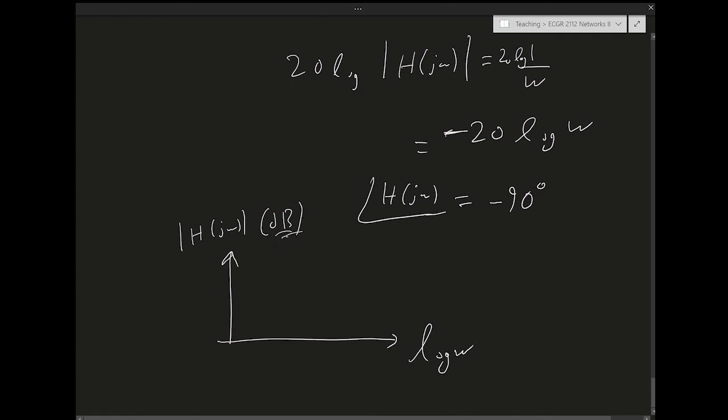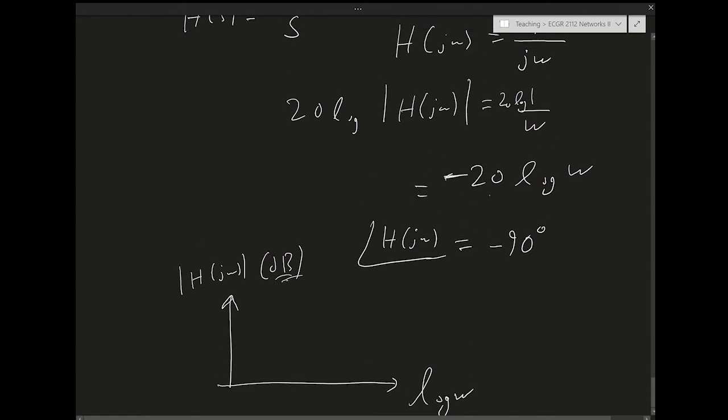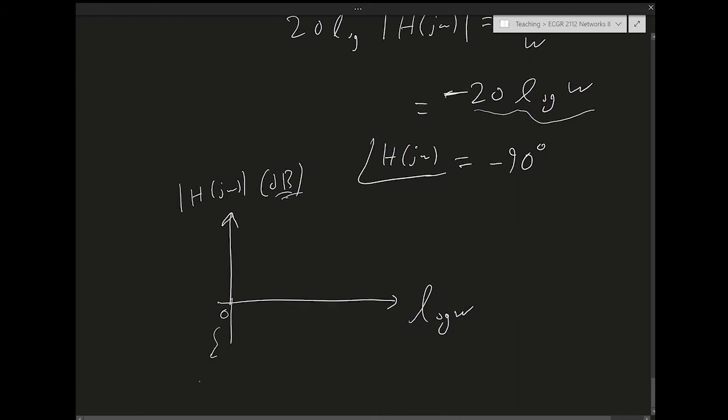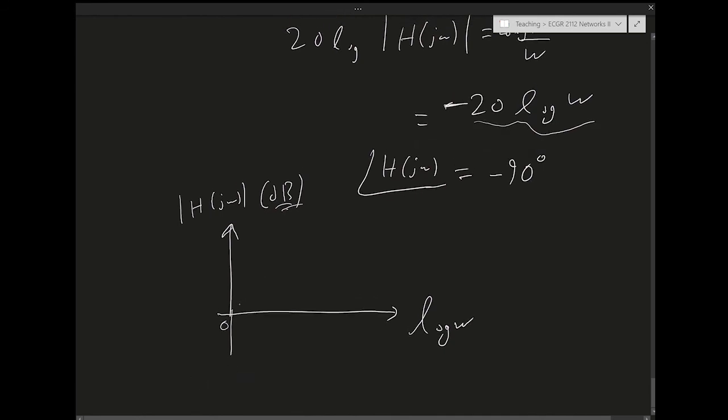So notice the beauty of the thing here. It's just a linear function of log omega, right? What's log omega? If this is log omega equal to 0, what frequency is this? This is 10 to the power 0, that's the inverse of the log. So this is a frequency of 1 radian per second, right? But log omega is just this line with slope 1 in this log scale.